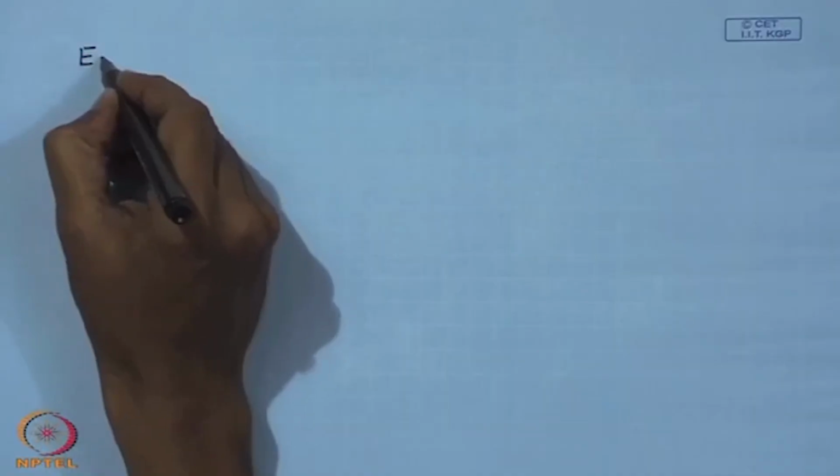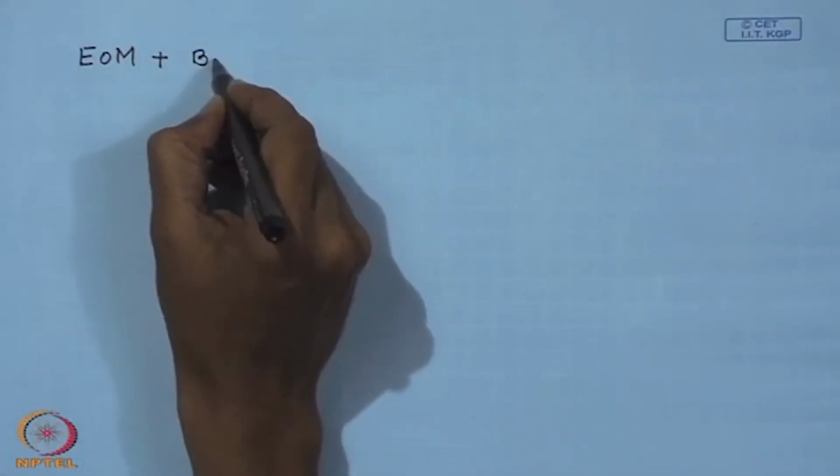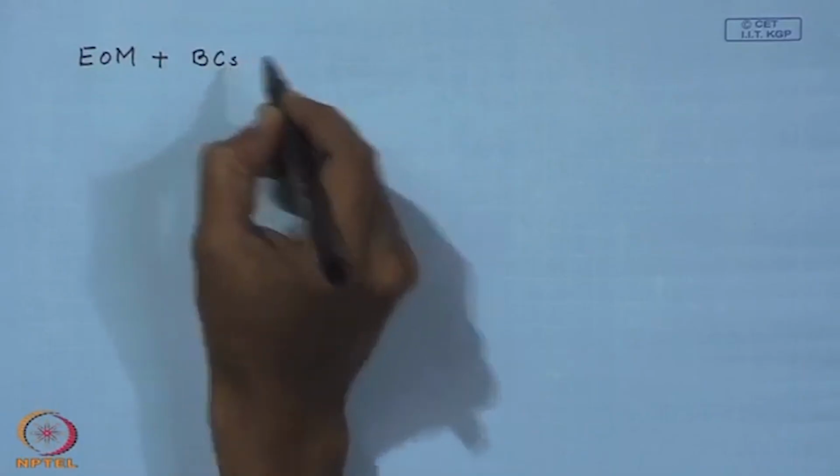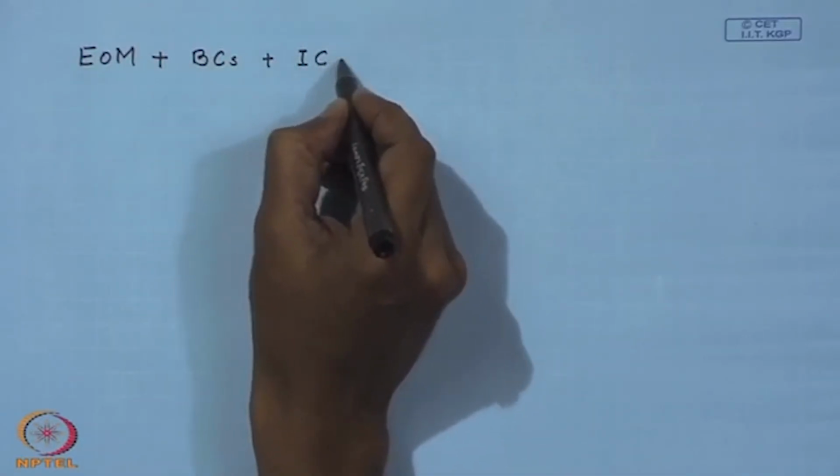Now, in the next few lectures, what we are going to do is analyze these equations or solve these equations. So, the first thing that we note is that we have the equation of motion, then we have the boundary conditions, and we have the initial conditions.